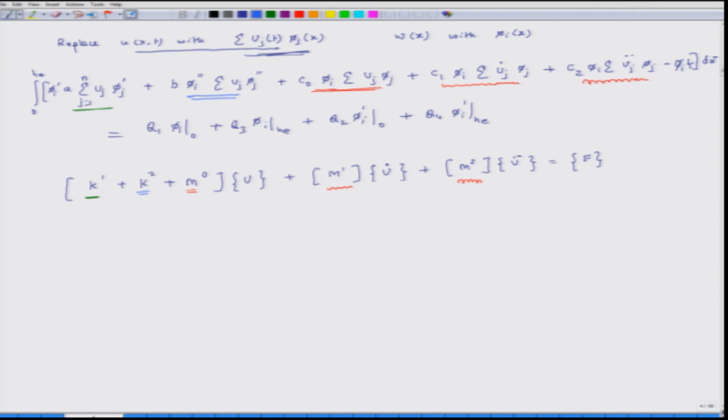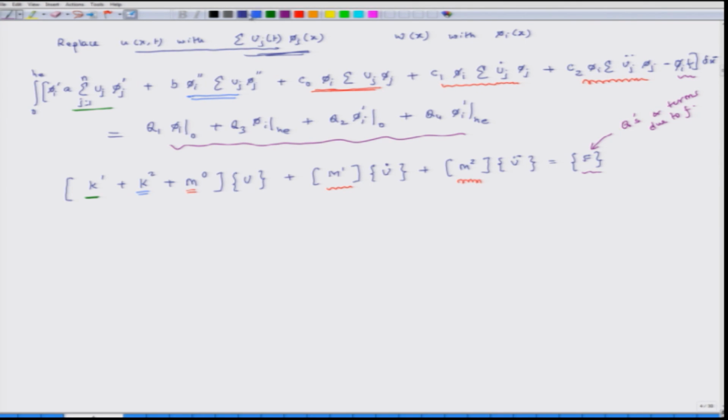And the force term is this entire thing plus the contribution of q I times f. So, this term has q's and terms due to f.